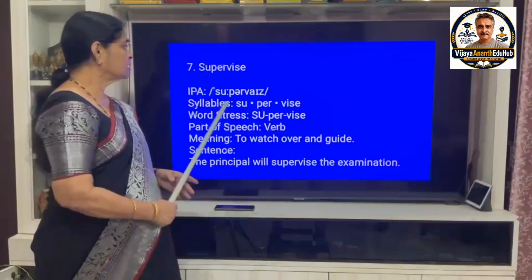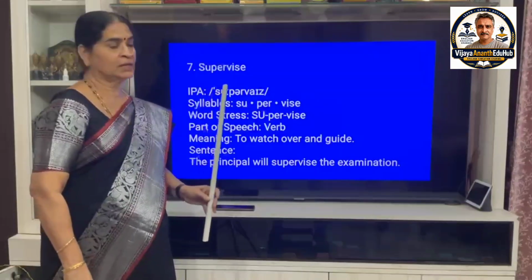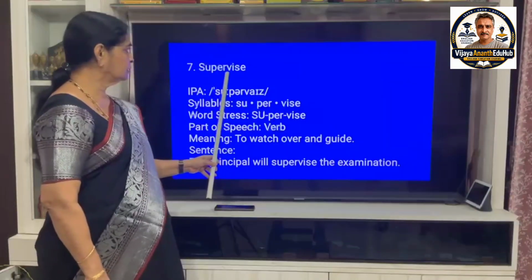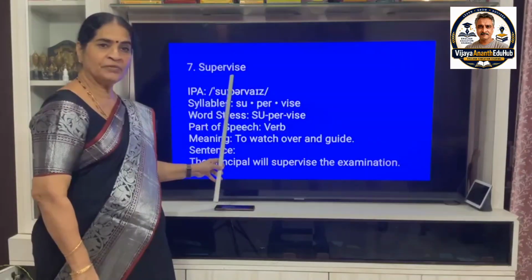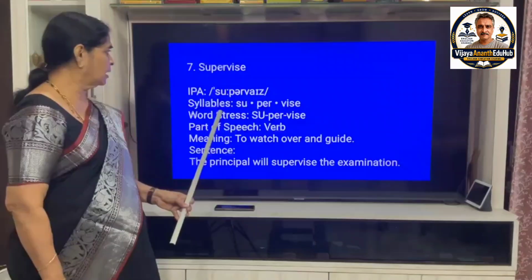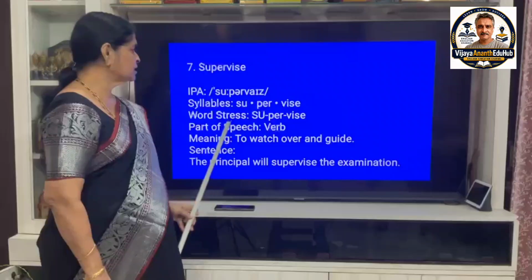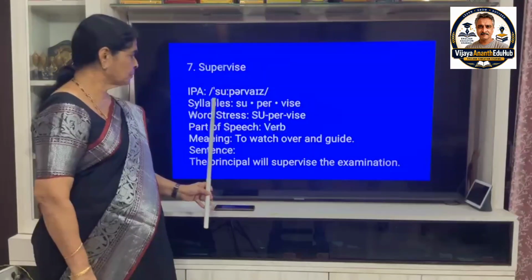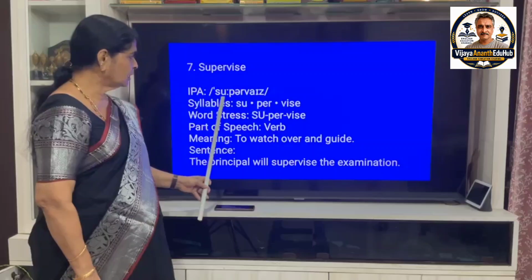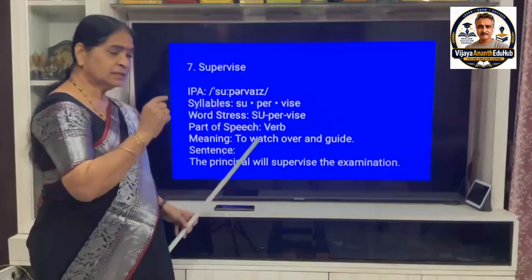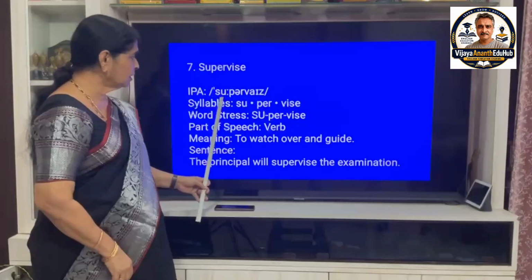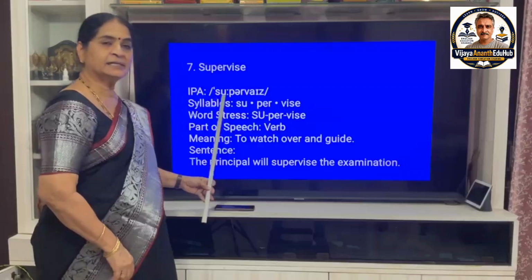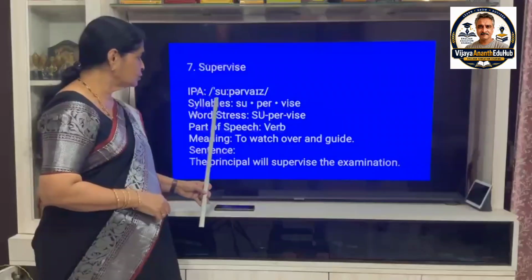Seventh one, supervise. Root is VIS. Look at the pronunciation. Supervise. This sound indicates oo, and the two dots give an elongated sound, like su.